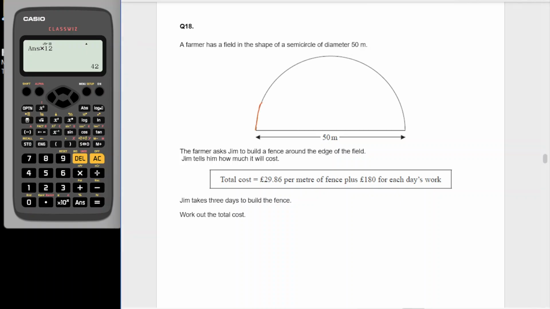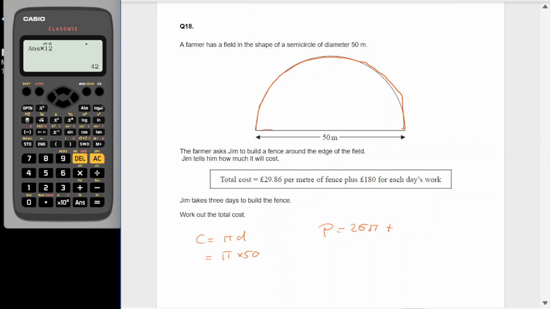So the first thing that we want to work out is this section, which is half the circumference of a circle. So the circumference of a circle is equal to pi times d. So the full circumference would be pi times by 50, but we only want half of that. So the total perimeter of this shape is going to be equal to half of 50, so 25 pi, plus this edge along the bottom.